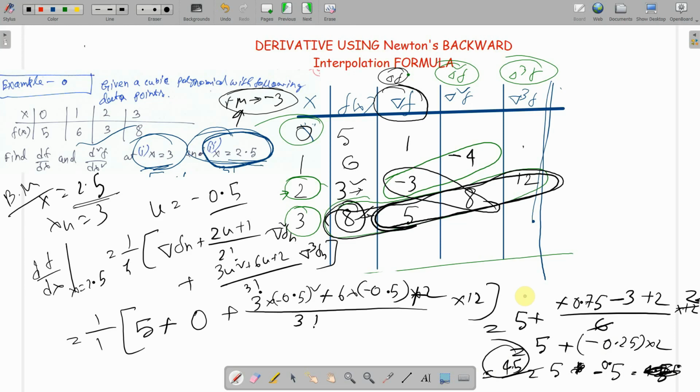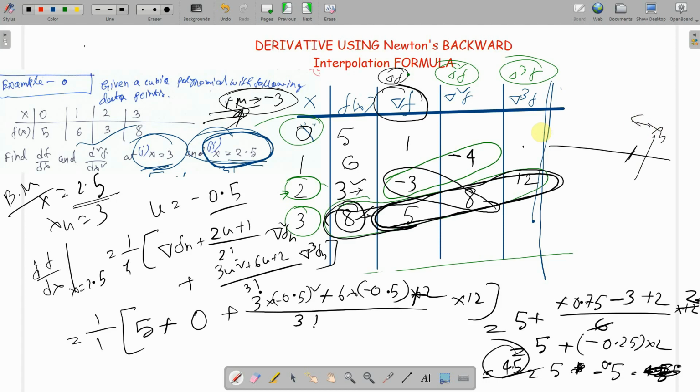In that one, what was coming? -3 was coming. So your result was not coming like this from forward modeling. From forward modeling the result was not correct. Okay, so if you are picking any point near to xn, then you have to go by backward modeling.